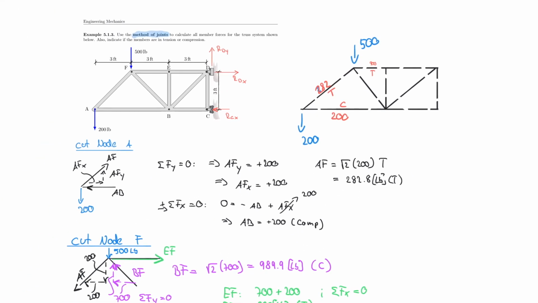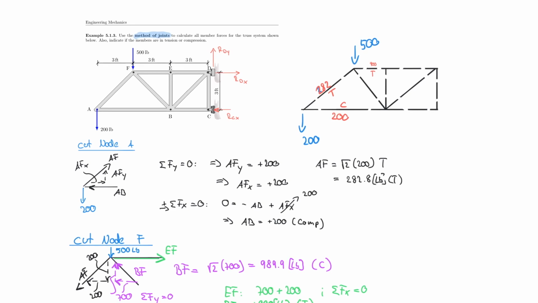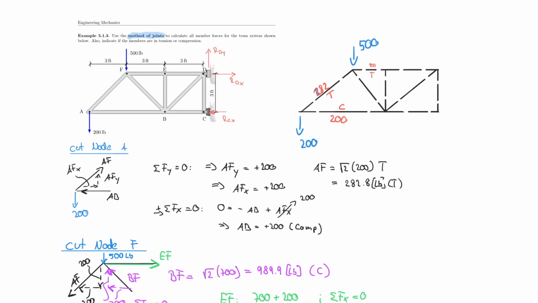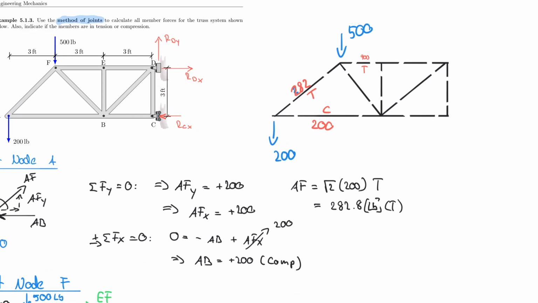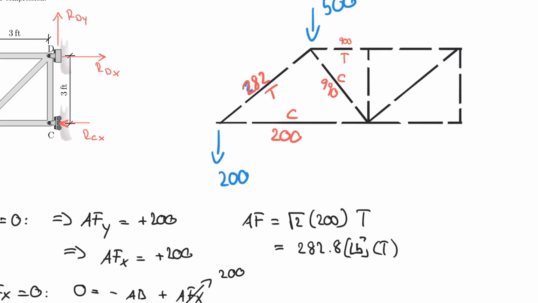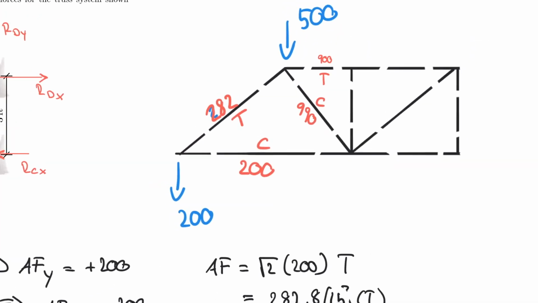And my other component was 989. So I'm going to call that 990. And that one was in compression. And before I move on now, I'm going to include again if it's in tension or compression with my arrows. So 282 was in tension. That means it has to go in this direction. So 280 in that direction. Compression is the other way around.